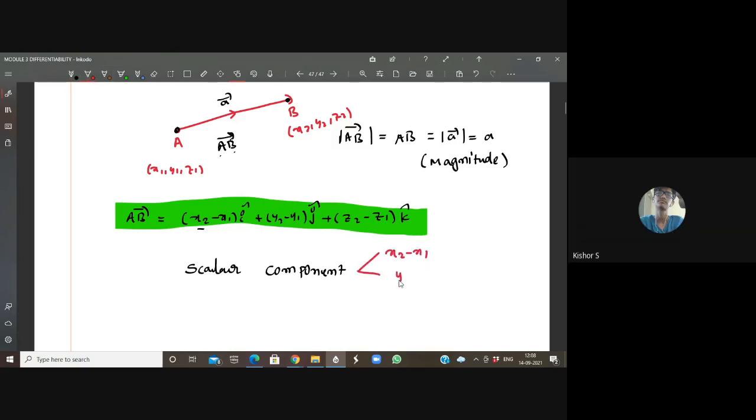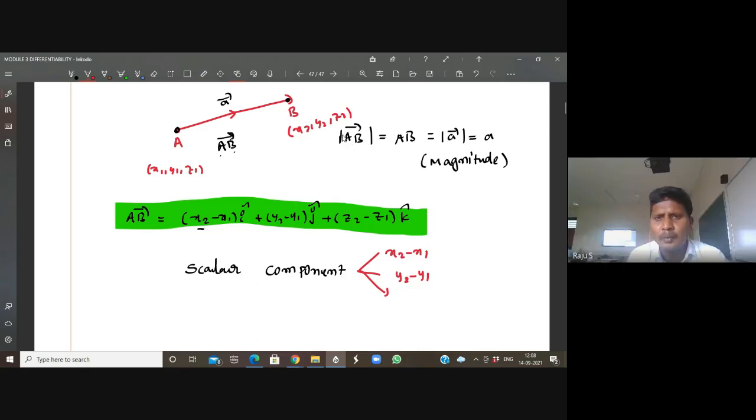Modulus AB is the vector form's magnitude, and just AB is the scalar form. Modulus of vector AB gives a value, a real number. This can also be represented simply as AB. Like the AB formula, we know that when two points are given, the distance between the two points is the square root of (x2 minus x1) the whole square plus (y2 minus y1) the whole square plus (z2 minus z1) the whole square.